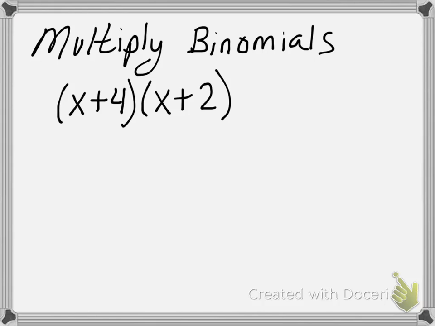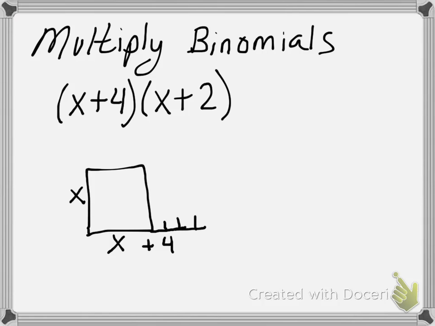If you have a square and you say the length is x, here's the square that makes x squared. So if I say I have x plus 4, this is what it would look like. I have 4 little marks there.